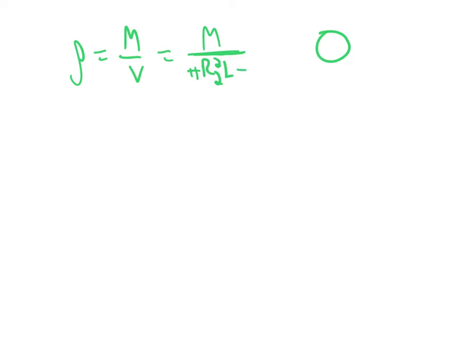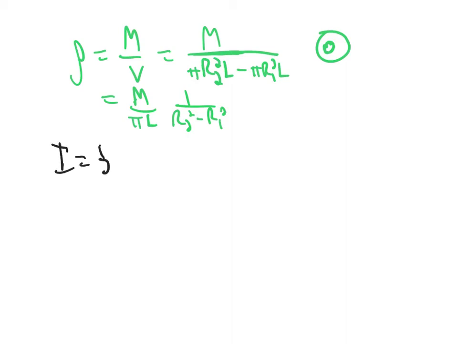And then we're going to subtract pi R1 squared times length, which would be the volume of the inner cylinder. So if we do a little bit of grouping, we get m over pi L, and then 1 over (R2 squared minus R1 squared). This allows us to go back and say, well, I, which remember was 1/2 pi times rho times L times the difference of the 4th powers of the radii, which is crazy.